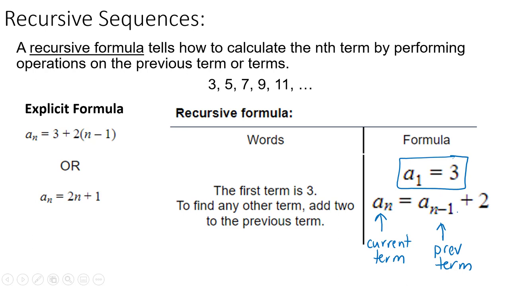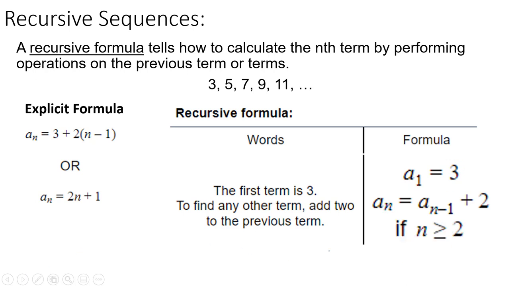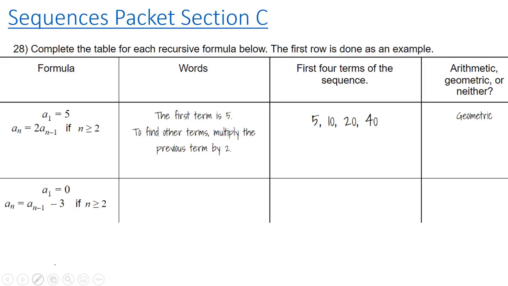So a sub n minus 1, that's the term before the current term. And we usually add this in because this only works when you're in the second term and so on.